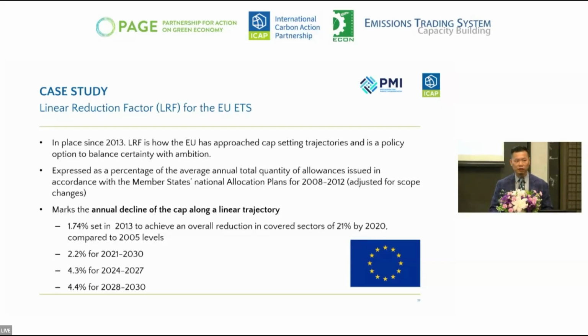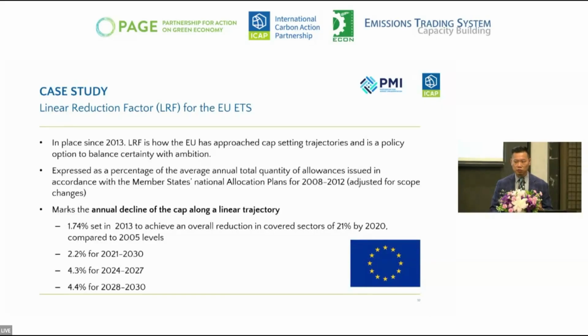There was the financial crisis, a lot of crisis for the EU ETS and for the EU. So the ETS didn't work as expected in the first and second phase.